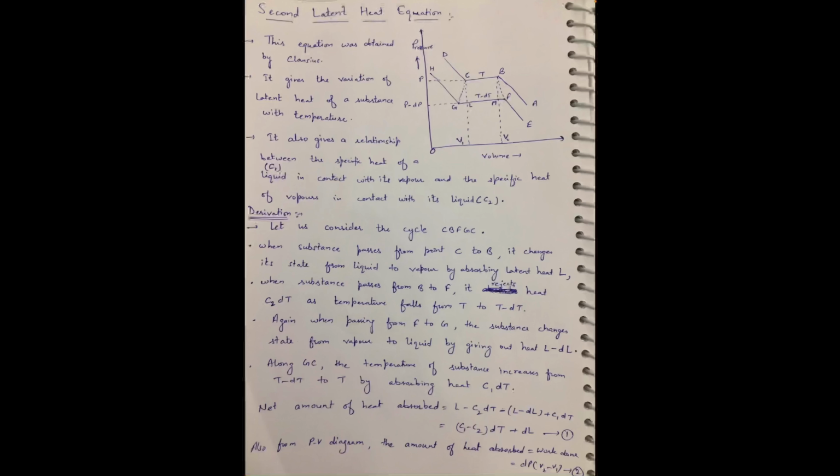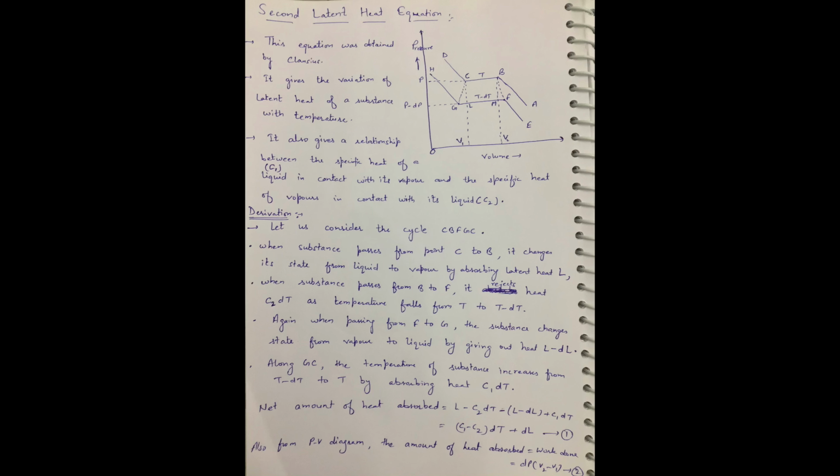Now if we find the net amount of heat absorbed during this Carnot cycle, then from C to B heat absorbed equal to capital L, which is latent heat. From B to F heat rejected by an amount C2 dt.